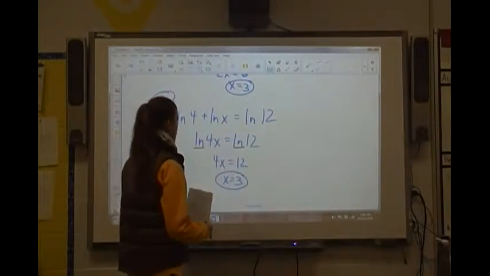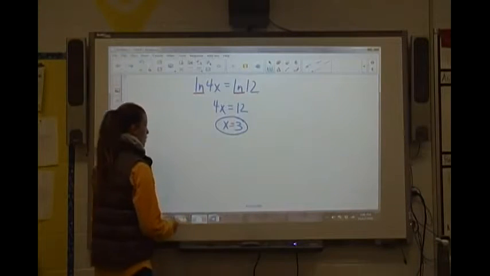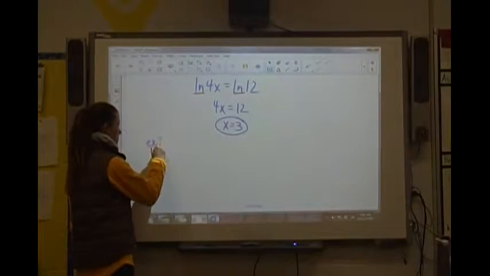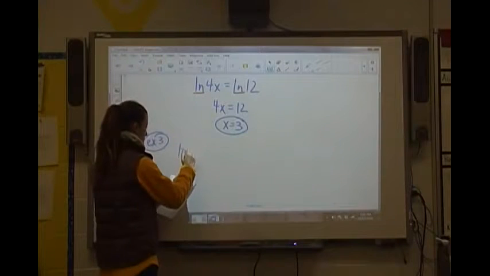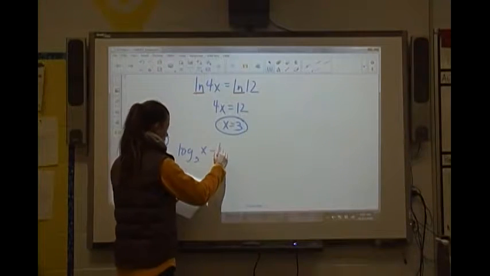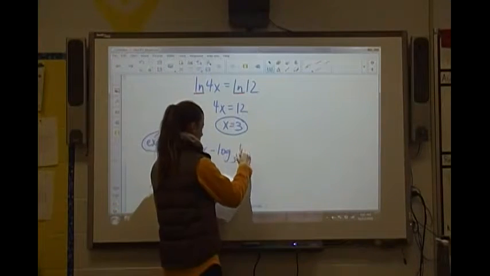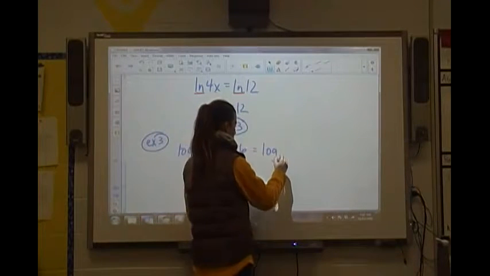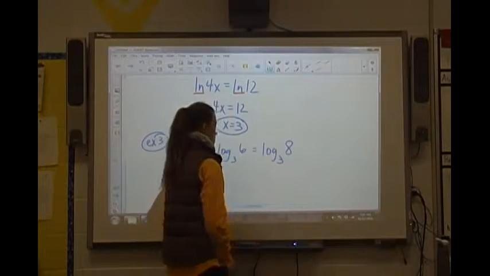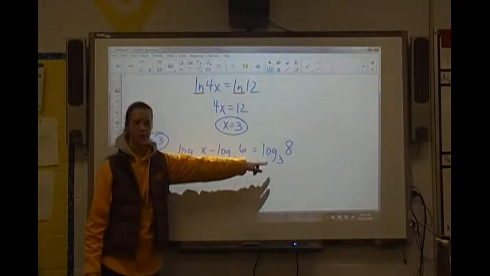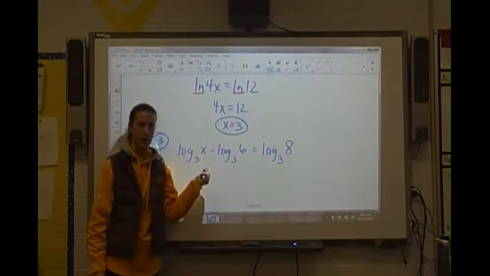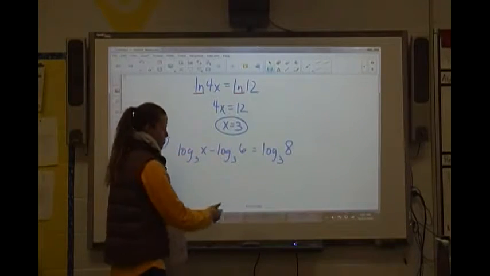Let's take a look at some subtraction or division. Example 3. Log base 3 of x minus log base 3 of 6 is equal to log base 3 of 8. So again, we have two logs on this side and one on the other. We need to condense the left side to make it the one-to-one property.